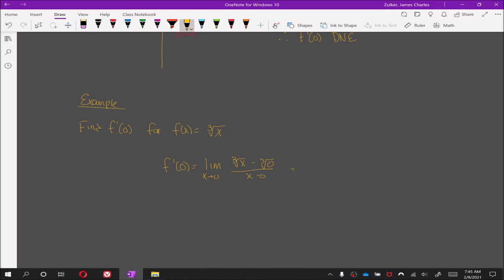This leaves us with the limit of the cube root of x over x, which can be simplified as 1 over x to the 2/3.